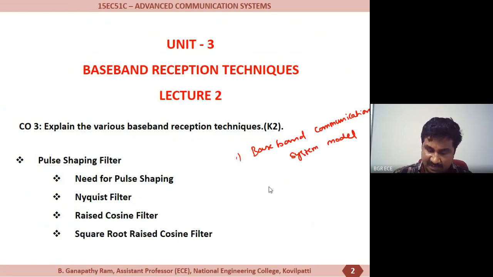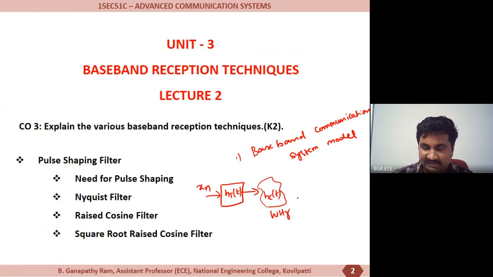In which we are having a transmitter filter whose impulse response ht of t at the input for transmitting the symbol x of n, and then we will have a channel, band limited channel, which is limited to W H and whose impulse response is h of t, and an additive white Gaussian noise n of t.